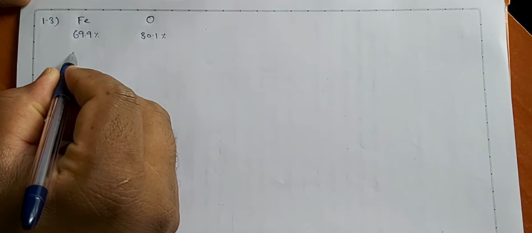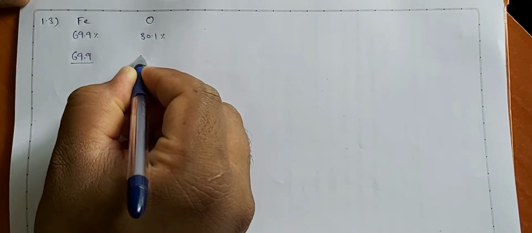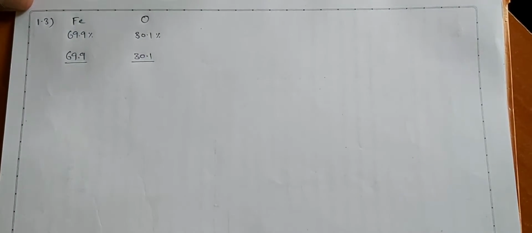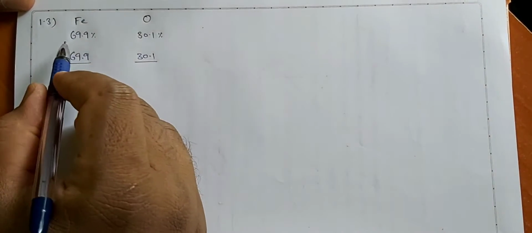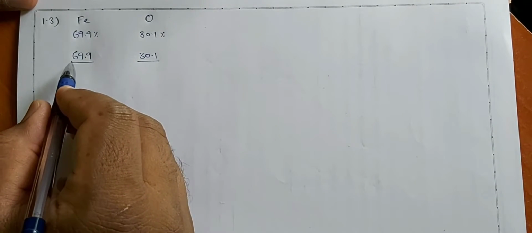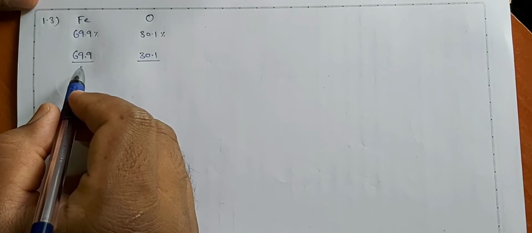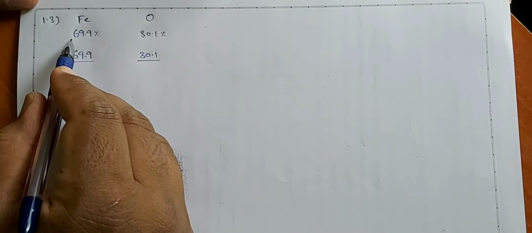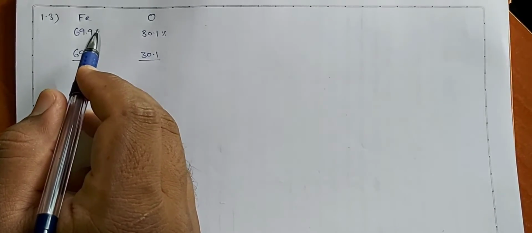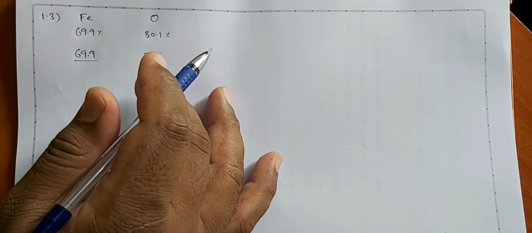Next step is we need to divide those percentages by their gram atomic weights. To find the empirical formula, after writing the percentages under those elements symbols, we need to divide those percentages by its gram atomic weights. 69.9% of iron is present, correct?